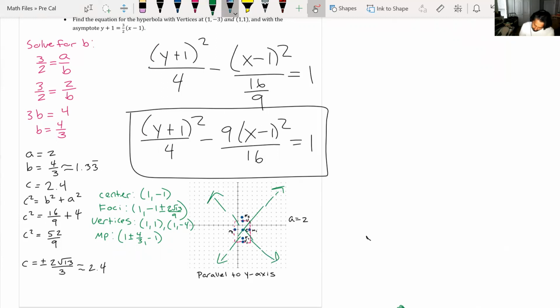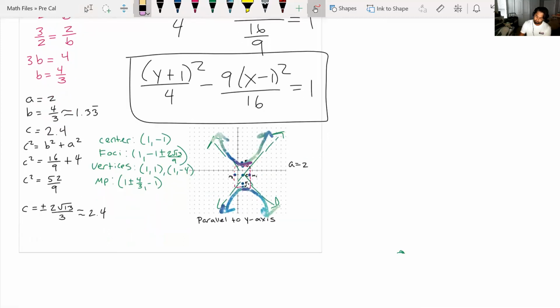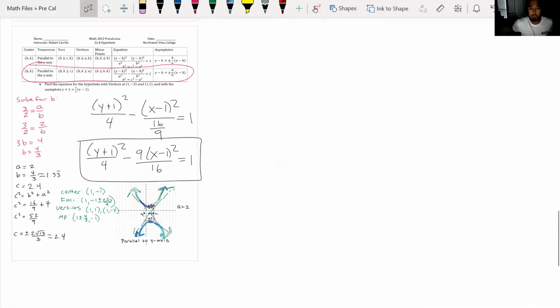Just follow our asymptotes up, up, and down, down. And there it is. Those are hyperbolas.